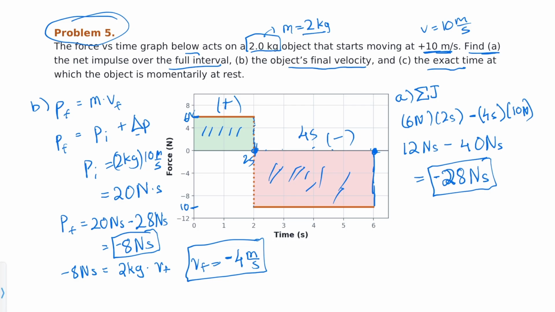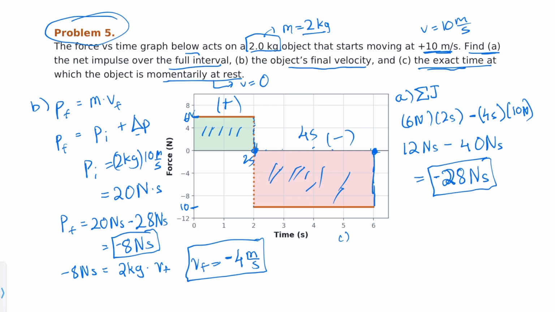Now let's look at what it's asking us at the end. The exact time at which the object is momentarily at rest, which, if you know what that means, is velocity equals 0, right? We can understand that from here our velocity is changing very rapidly. We're having a lot of hectic changes here.